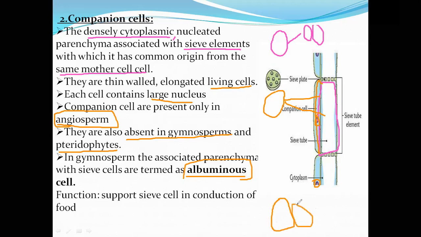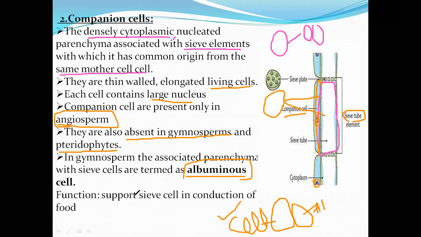Just remember these two terms. So in the angiosperms, there is a sieve tube, but in the gymnosperm there is a sieve cell. In the angiosperm there is a companion cell, but in the gymnosperm there is an albuminous cell. This is the difference. Just remember this.